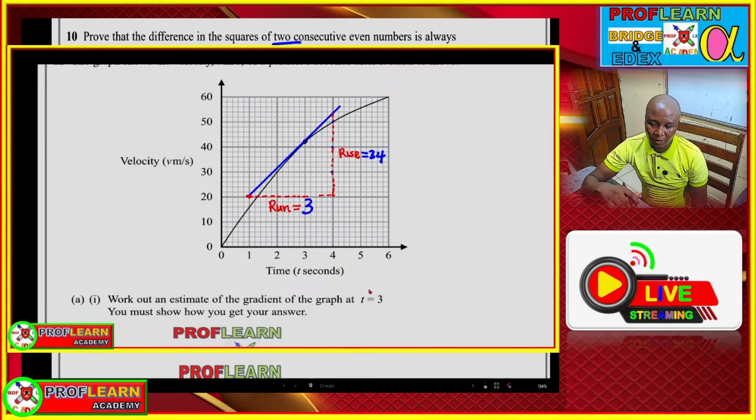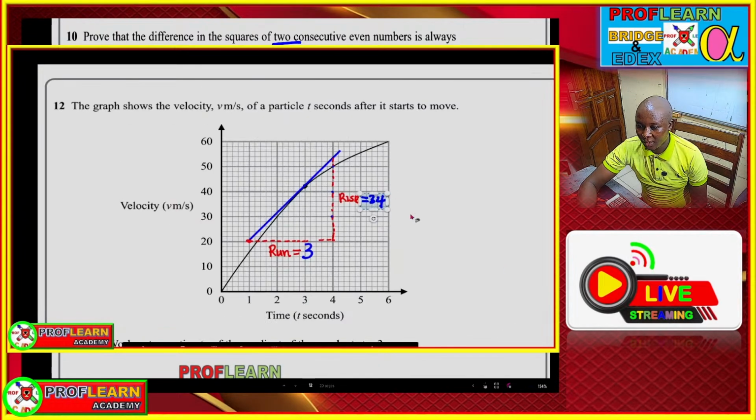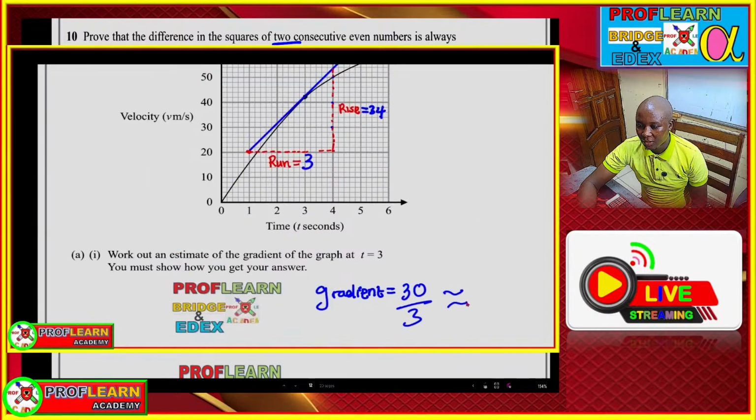So we are just estimating, and remember, this paper is non-calculator, so it means that you need to have values which you can divide. So I'm going to approximate that to be around 30, so that I can find the gradient. So 30 over 3, approximately 10. So an estimate, because the question was asking you to state an estimate of that.